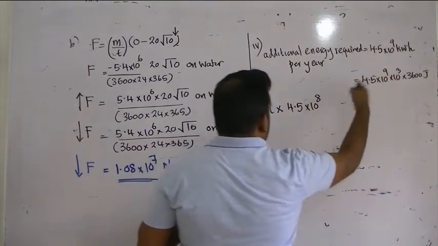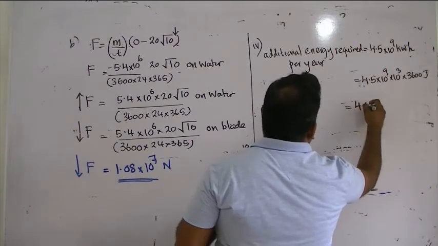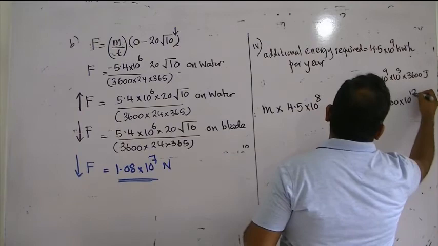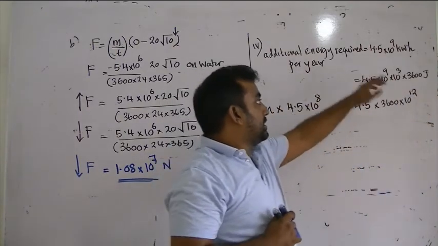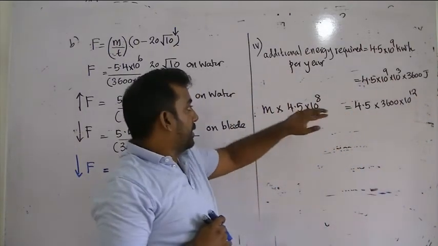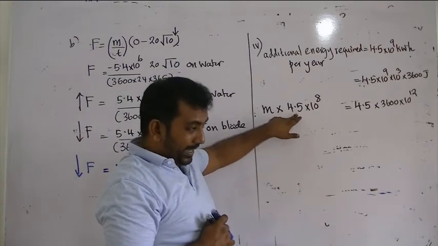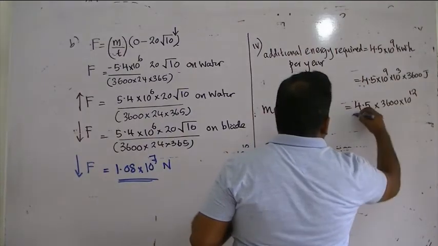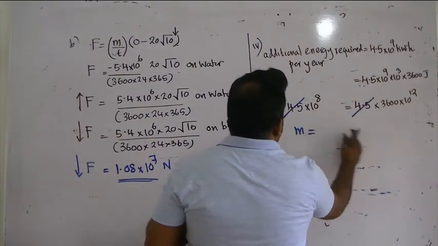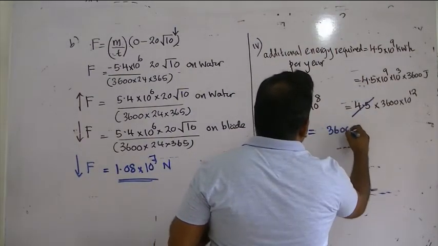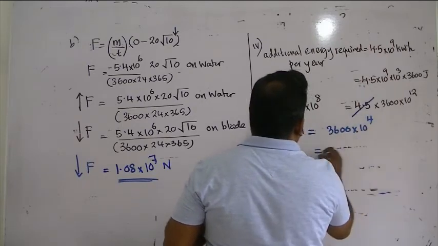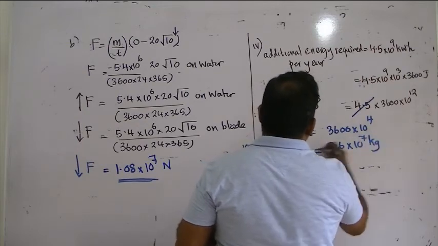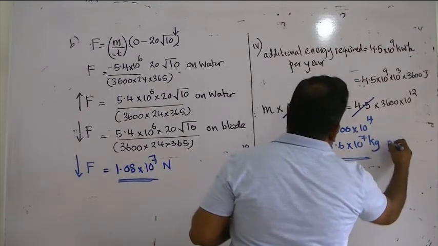N kilograms will balance this out. 4.5 times 3600 times 10 to the power 12 is needed per year. 1 kilogram will give you 4.5 times 10 to the power 8, so you can find mass. Simplify this. Mass is 3600 times 10 to the power 4, 3.6 times 10 to the power 7 kilograms of coal per year.